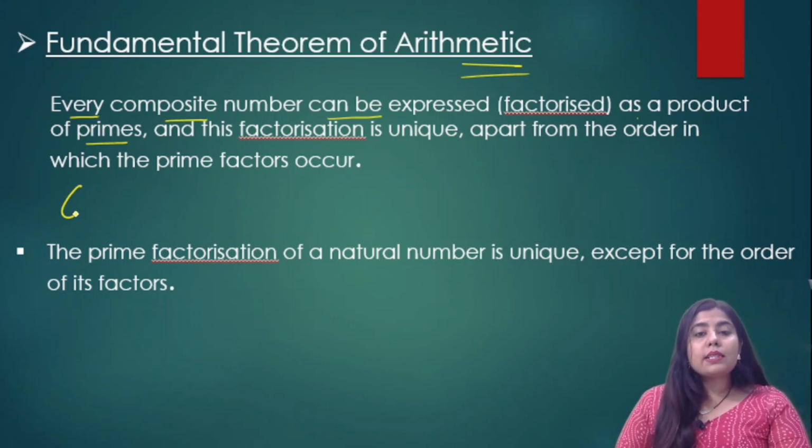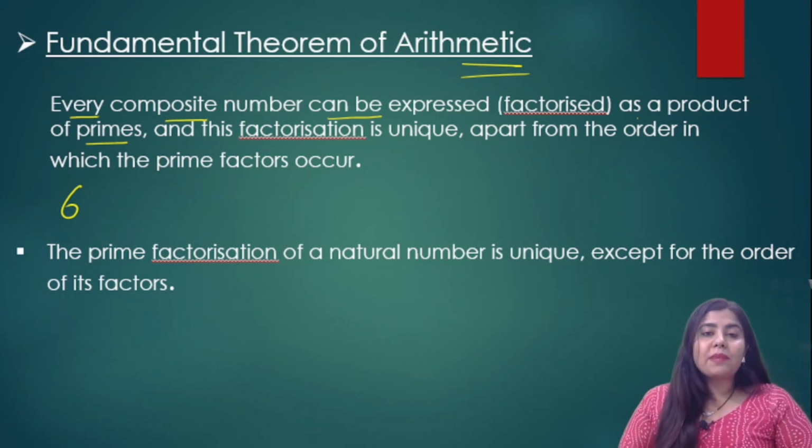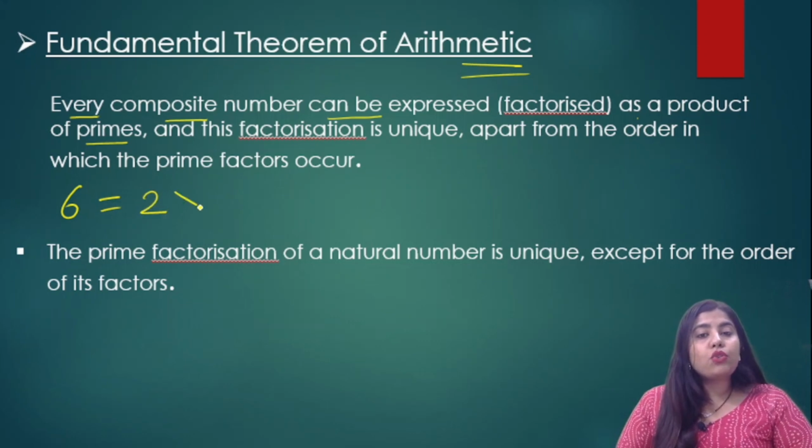And we know that 6 is a composite number as it has 4 factors, 1, 2, 3 and 6, right? So now let us take an example of 6 here, and we are expressing it as a product of primes. How? We know that we can write 6 as 2 multiplied by 3, right?